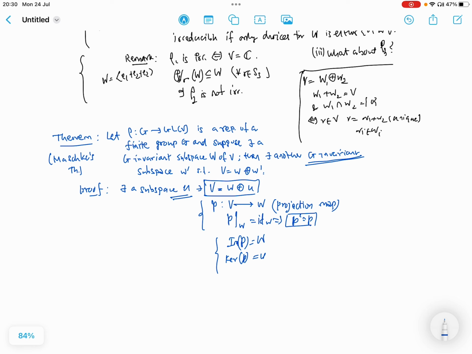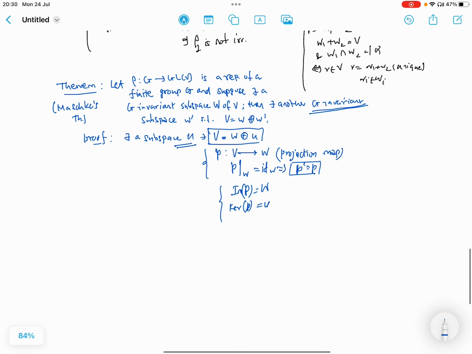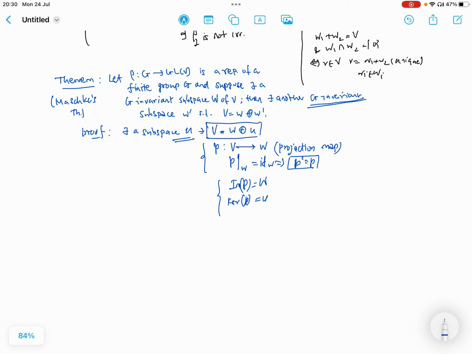We need to take care of these many things. So let's see if we can somehow make another projection map with the given information that we have. So let's just define this map from V to V, say rho prime of any v is the sum of rho G composed with P composed with rho G inverse, summed over all elements of the group and divided by the order of the group.